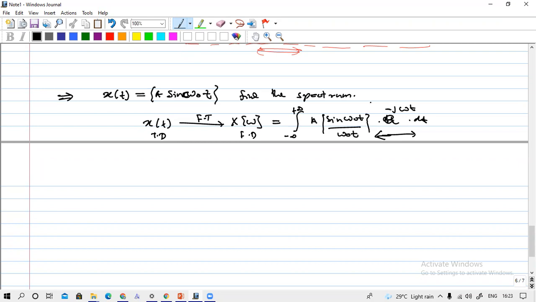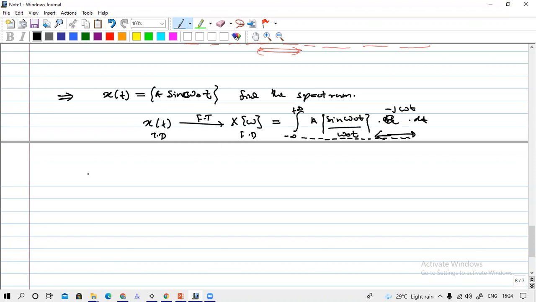Sometimes you can use some mathematical tools to evaluate it, but most probably this integration will not exist. So we can't directly evaluate the Fourier transform of this sinc pulse.